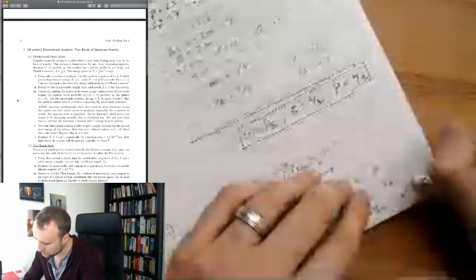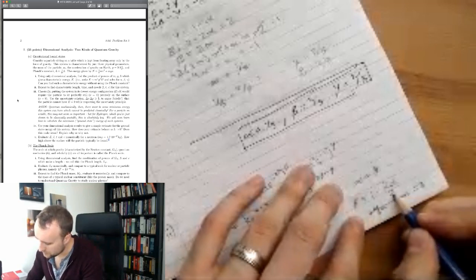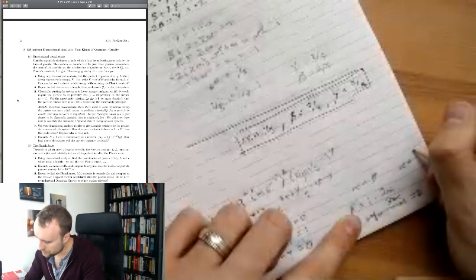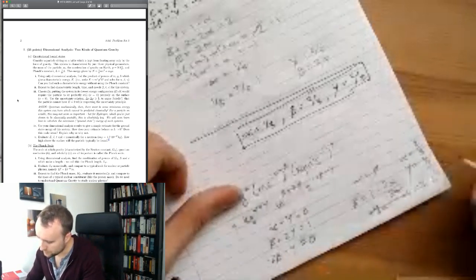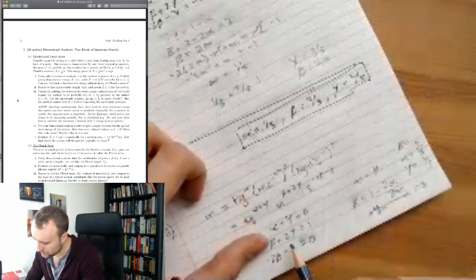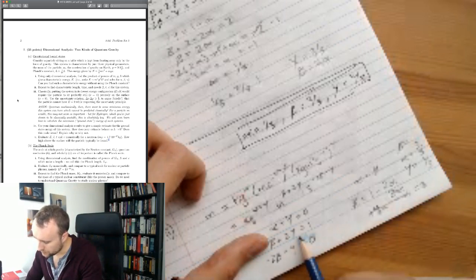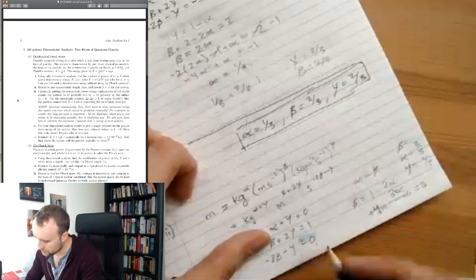So this is going to be 2. And then this is going to be equal to 3 alpha. So alpha is equal to 2/3. And beta is going to be equal to 4/3. Beta plus 4/3 is equal to 1. So it's going to be minus 1/3.